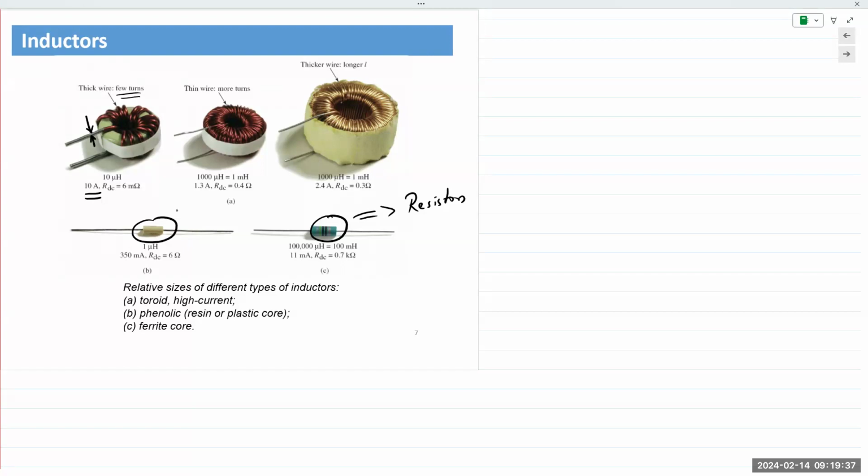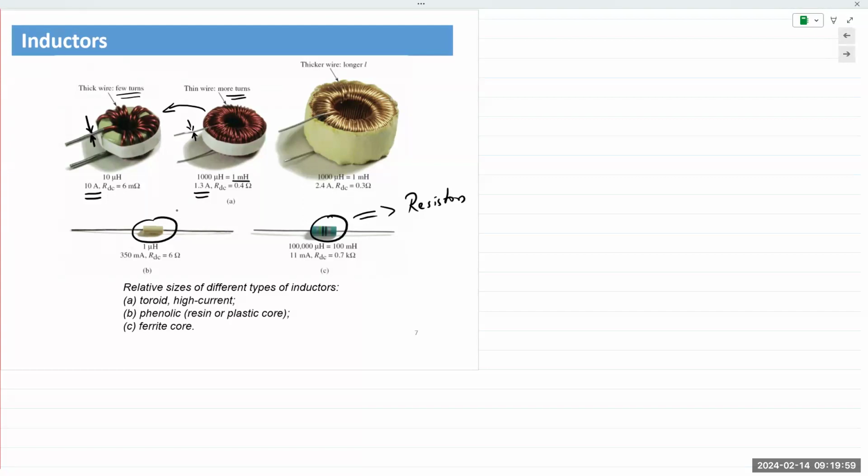Depending on the construction, this is a thinner wire, so lower current carrying capacity, but the number of turns is much more compared to the first one. So the inductance level is about 100 times that of the first one, 1 millihenry versus 10 microhenry.